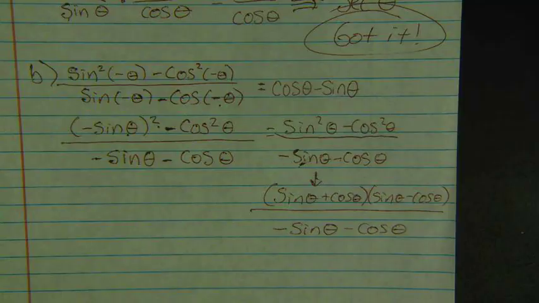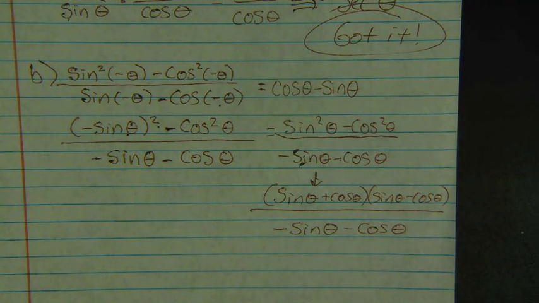Okay, so do you have an idea, now that we've done that, do you know what to do on the bottom, Alex? Cancel? Well, almost. What will allow you to cancel first? How about Shannon?